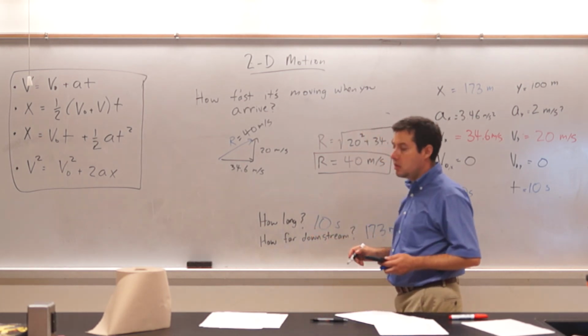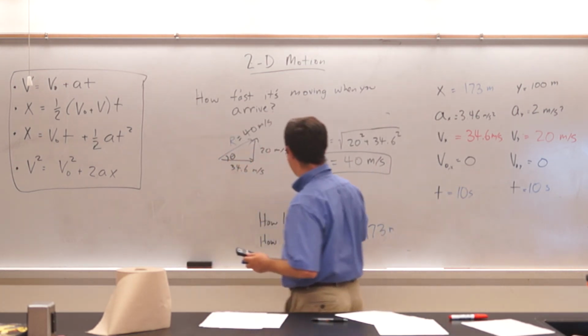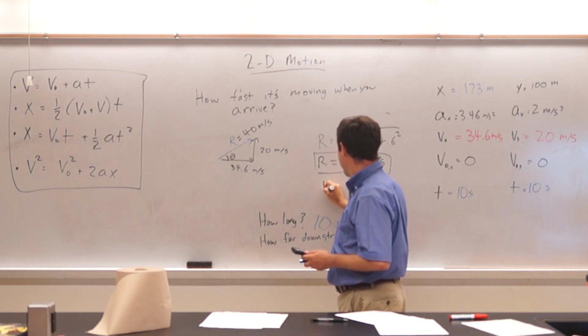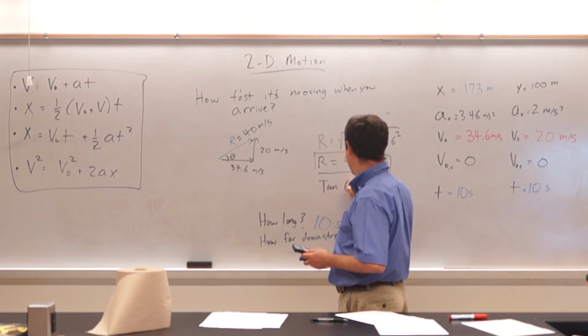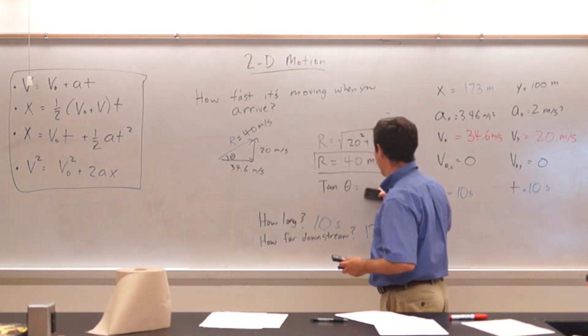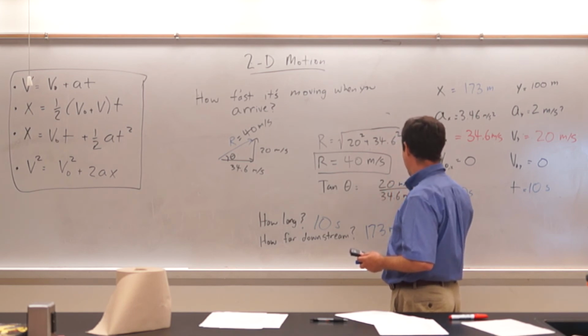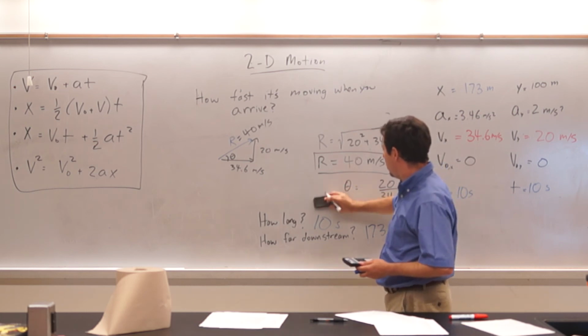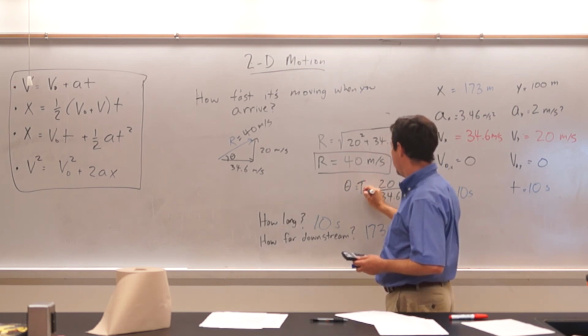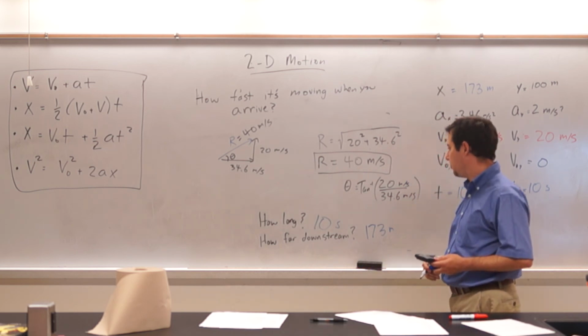So that's your speed. If you want to get the velocity, you need a direction. So we can say theta. Well, the tangent of theta is equal to opposite over adjacent, 20 meters per second divided by 34.6 meters per second, that means theta is just equal to the inverse tangent of 20 divided by 34.6.